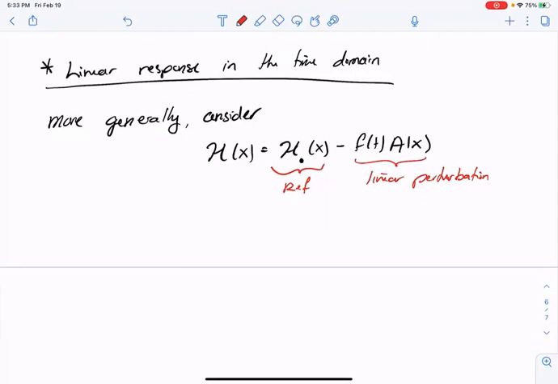In the presence of f of t, that Hamiltonian is time dependent, so the evolution of the system itself is not stationary. So any averages taken at finite f are really non-equilibrium averages.